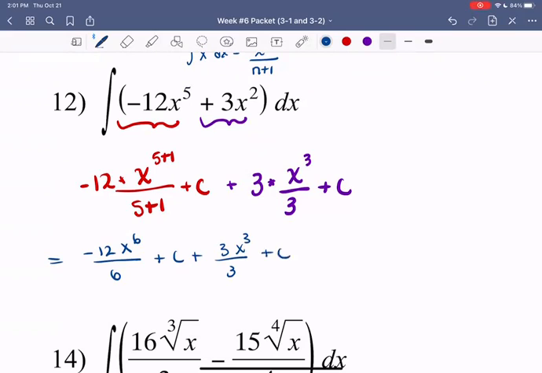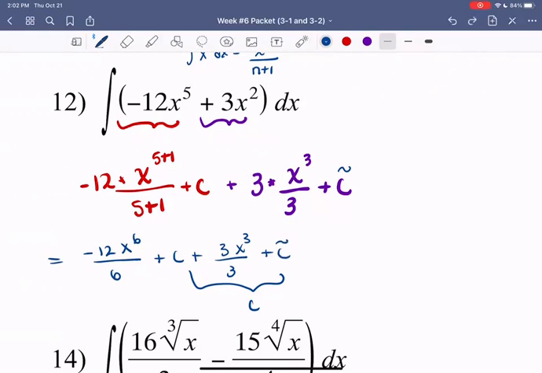Notice I should have different c's here because these constants are coming from different places, so I'll call it c twiddle. But it doesn't really matter in the end. If I'm adding two constants together, their sum makes some other constant, so I don't have to include both of these c's.